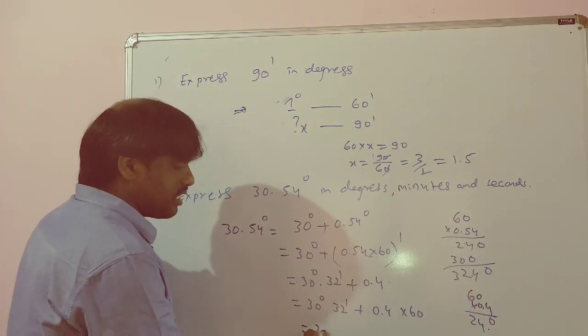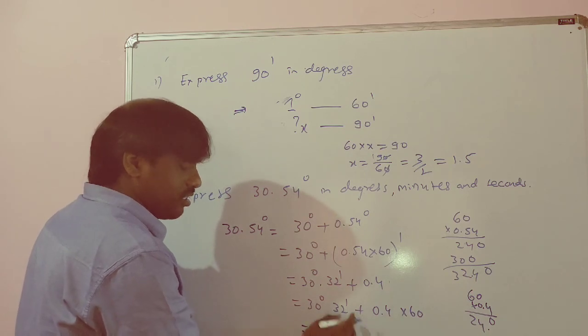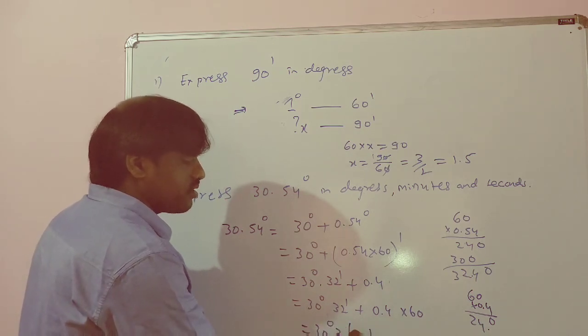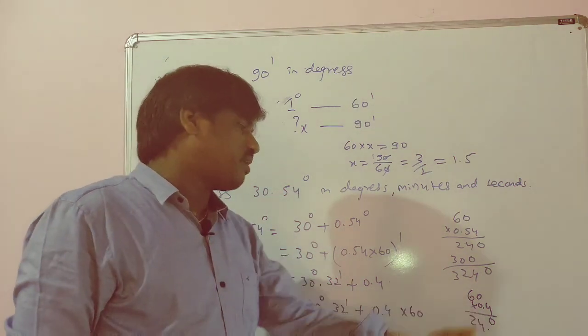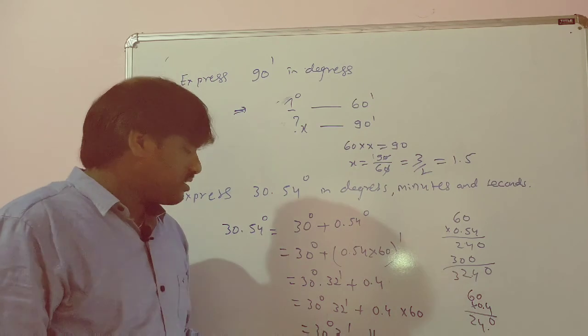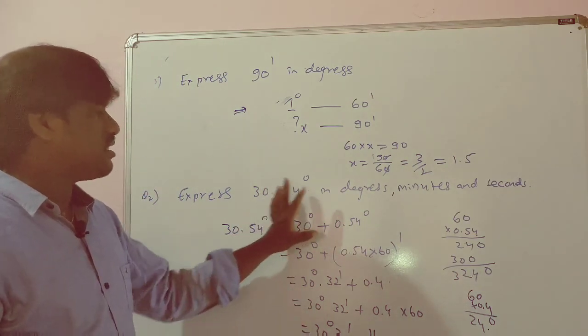So I am getting here 30 degrees, 32 minutes, 24 seconds. So this value is 24 seconds, since the 0 after the point is not valued. So the answer, the expression of this in minutes and seconds, is like this.